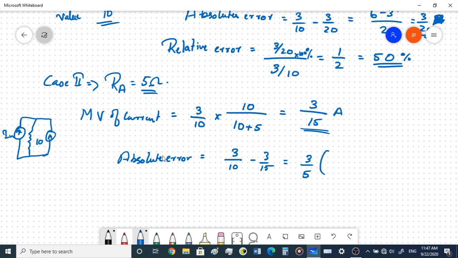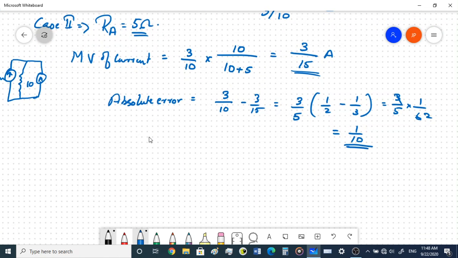If we take it out from both these fractions, we'll get it as 1 by 2 minus 1 by 3. That would be 3 minus 2 by 6, that's 1 by 6. So we'll get it as 3 by 5 into 1 by 6. Cancel out the 3s, we get it as 2. Finally we'll get it as 1 by 10, which is the absolute error.